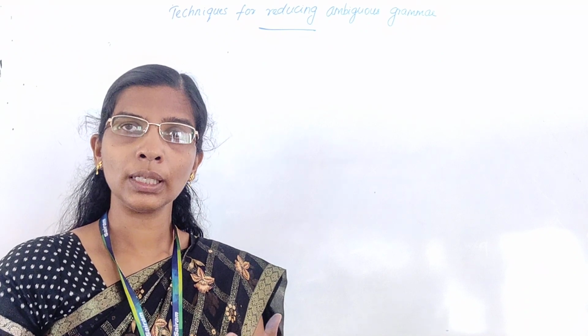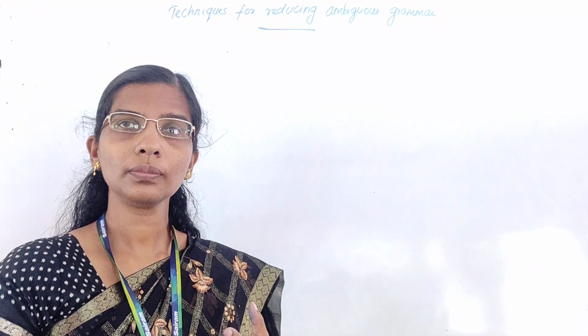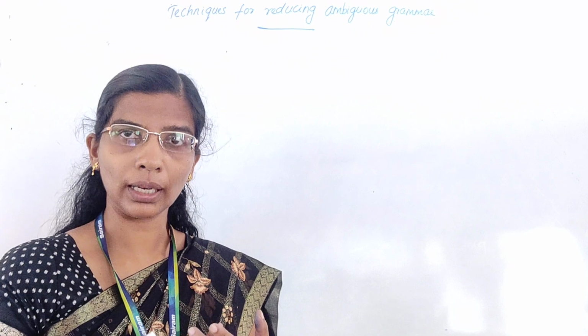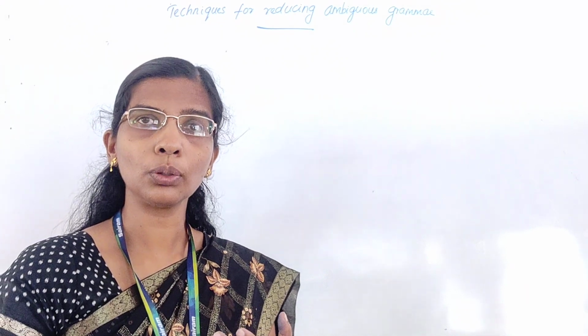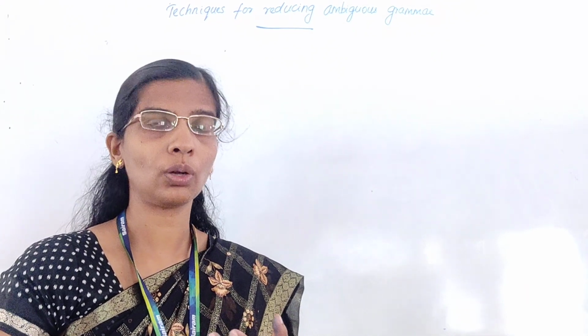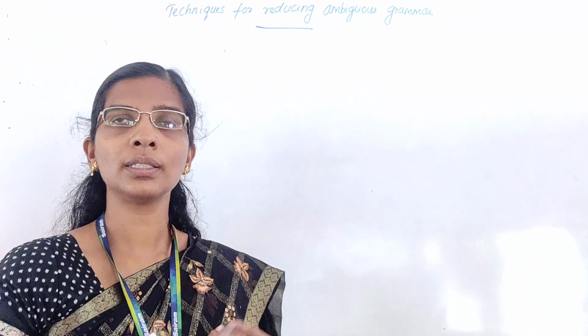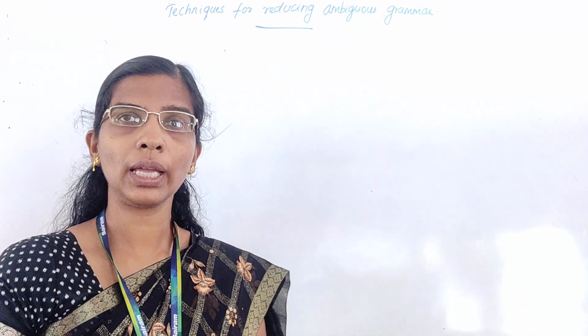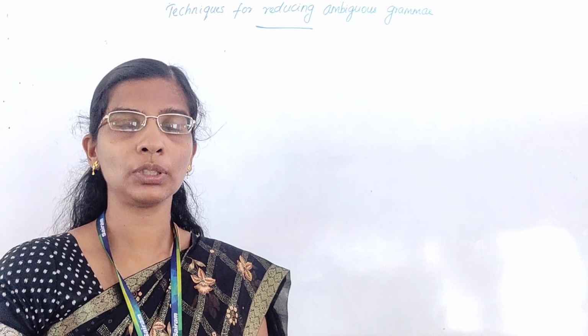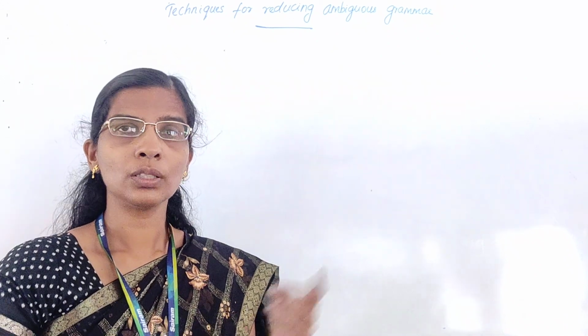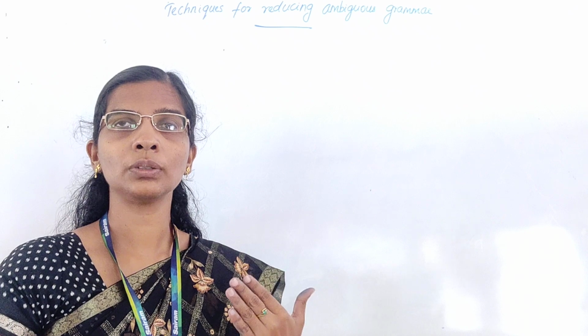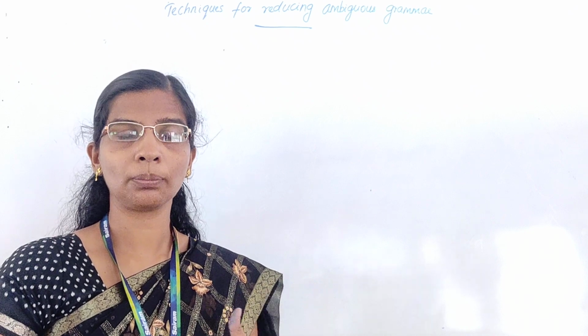While eliminating the epsilon production, if your start symbol is a nullable variable, you can include at most one epsilon. That is your step 2. And the third step is you have to eliminate recursive symmetric rule. I'll explain what a recursive symmetric rule is while doing the sum. So we'll go to our first sum.